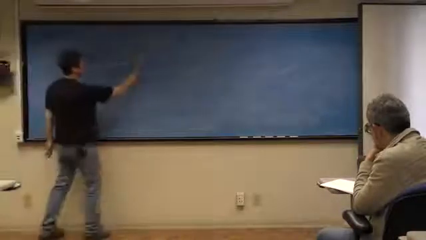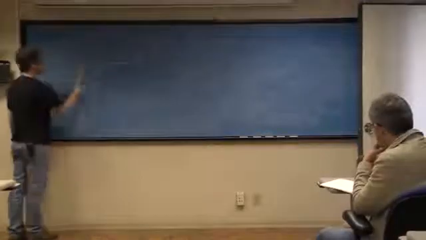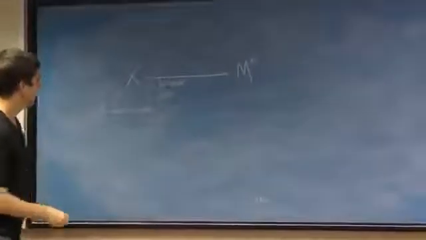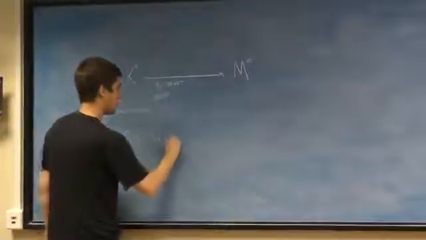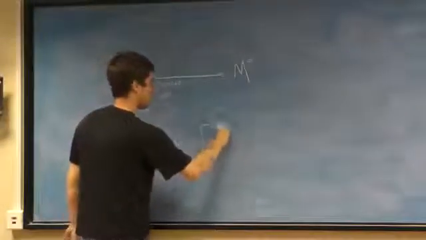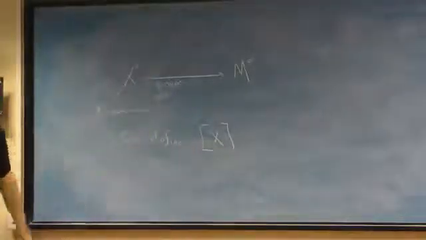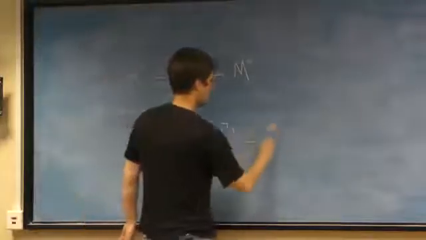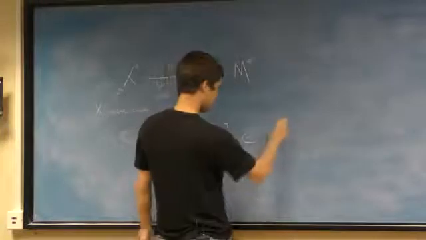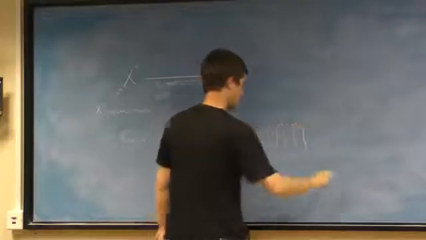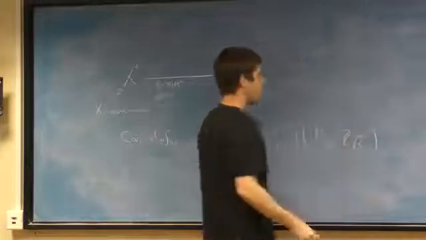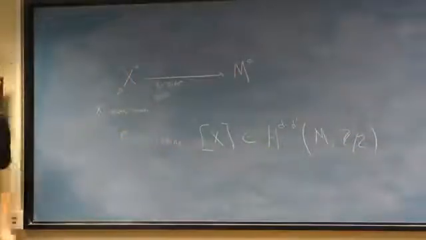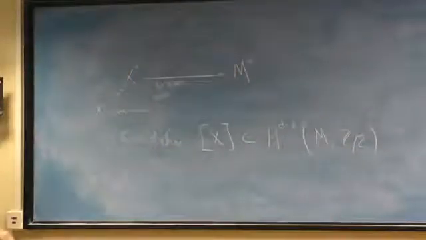So M has some dimension D, and X has some virtual dimension, which I'll call D prime. Then in this case, you can associate to this a fundamental class of X, which is going to live in H^(D minus D prime) of M. And if I don't want to keep track of orientations, let's just say with Z mod 2 coefficients.